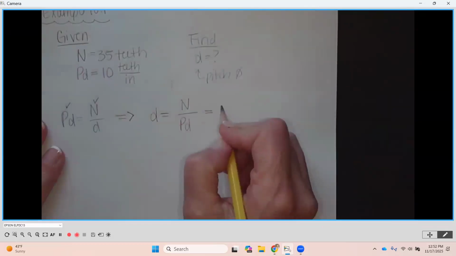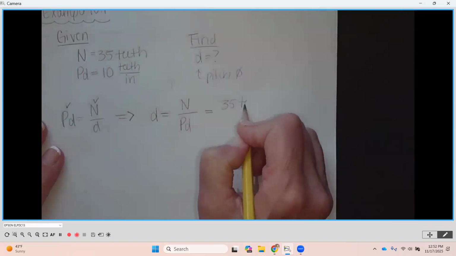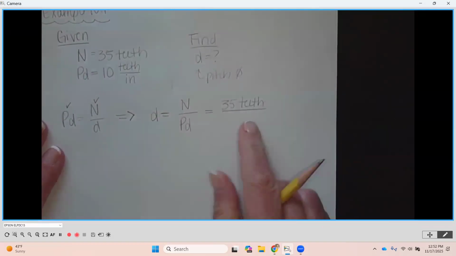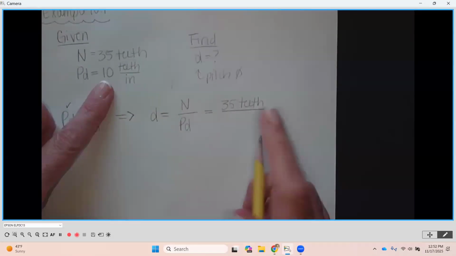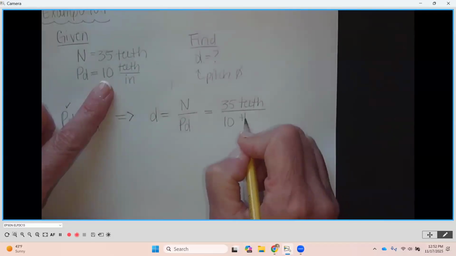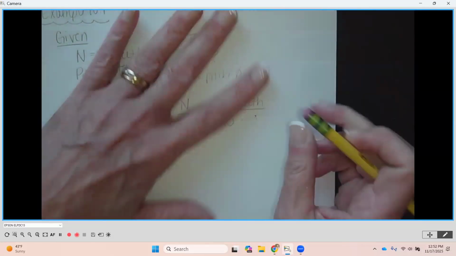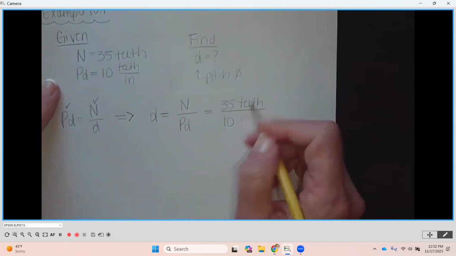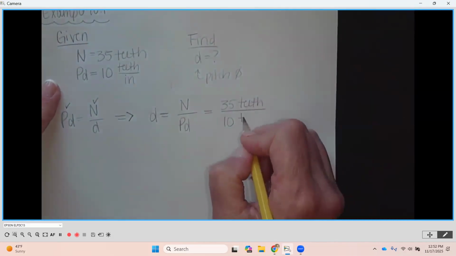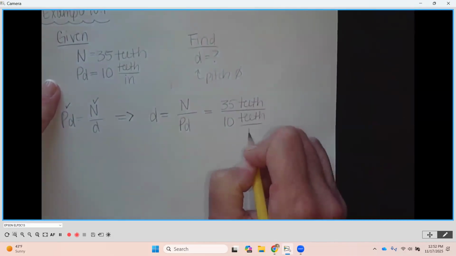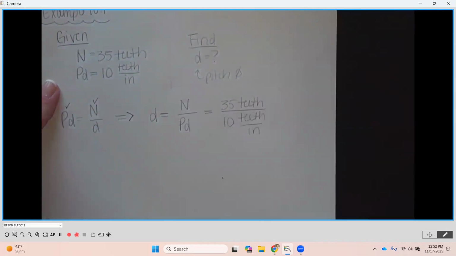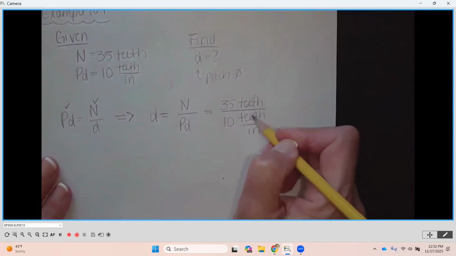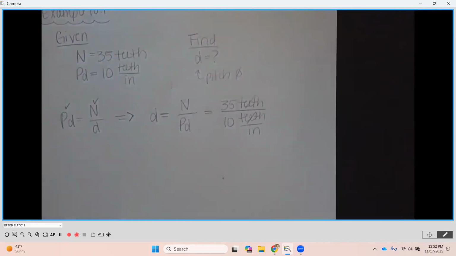So up here, we've got 35 teeth divided by 10, and you have to put your units in here. The 10, I'm sorry, 10 teeth per inch, which is the diametral pitch. Now, because I have my units here, I'm going to cancel out from top to bottom. So you'll notice that the teeth cancel out.